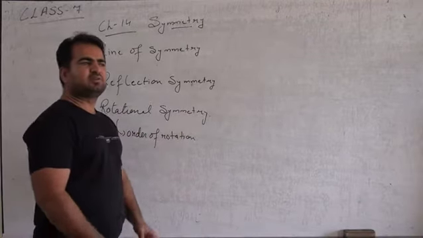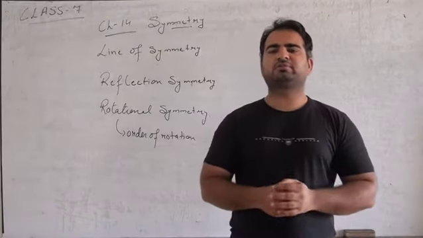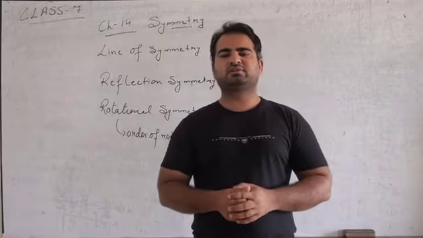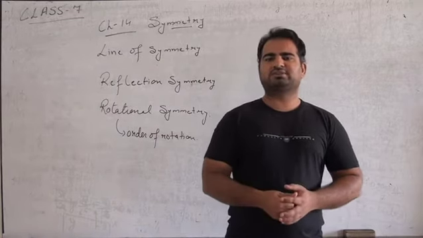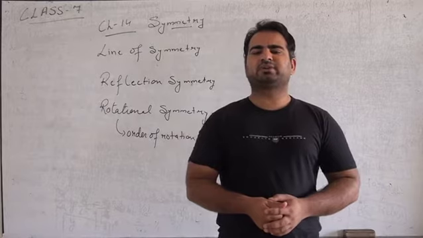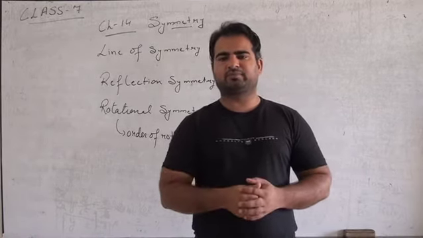A line of symmetry is an imaginary line about which the object is folded so that the two halves overlap each other. Like we can take ourselves. Where is our line of symmetry? Will it be a horizontal line of symmetry or a vertical line of symmetry?